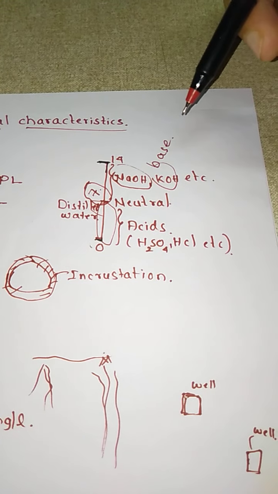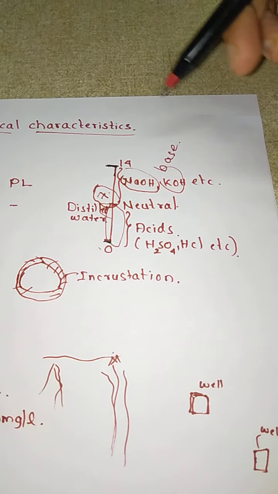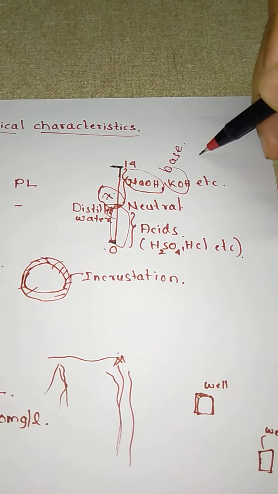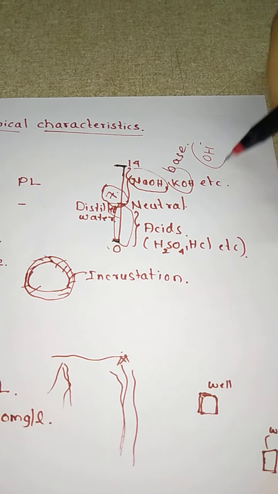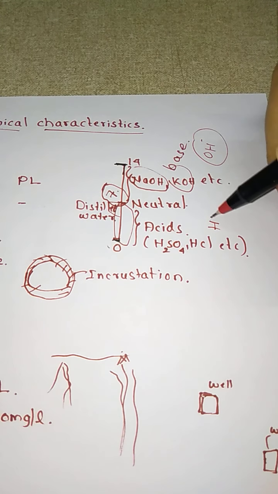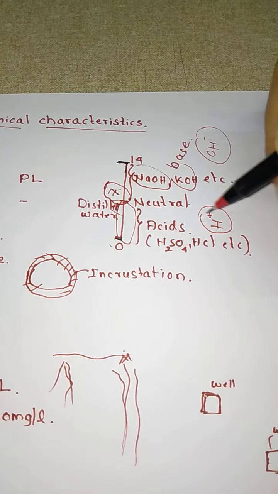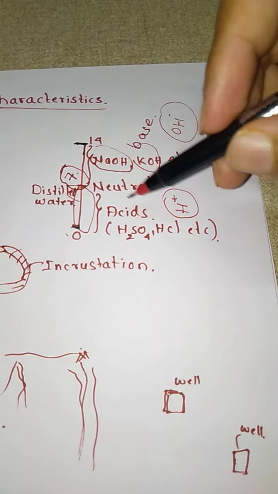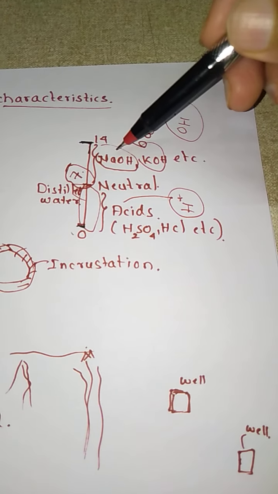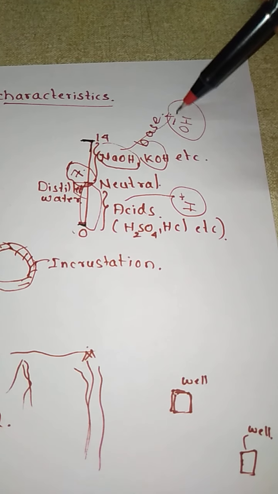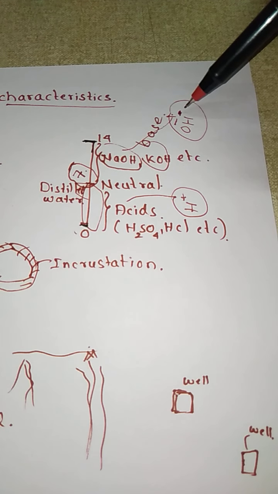Now, why is the pH more than 7? When the pH is more than 7, the hydroxyl, that is the OH ion concentration, will be more. In the acidic range, there is a predominance of the H plus ion, and when it is a base, there is a predominance of the OH minus ion concentration.